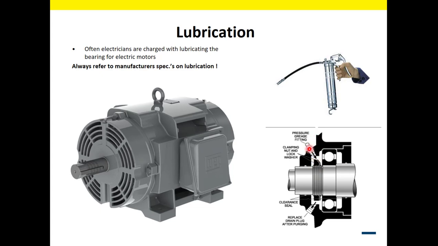So what we do is we'll insert the grease gun onto the grease nipple, or pressure grease fitting, and we squeeze the trigger however many times the manufacturer recommends, and it will fill this cavity up with grease. If you overfill or you have to purge the grease, some of these motors will have a drain plug out the bottom, so you can purge the old grease out if need be.